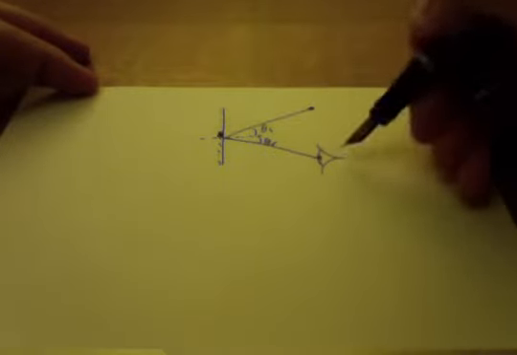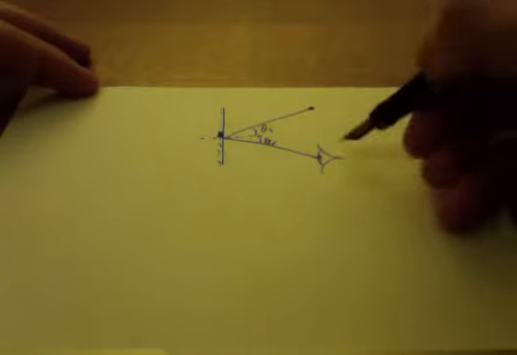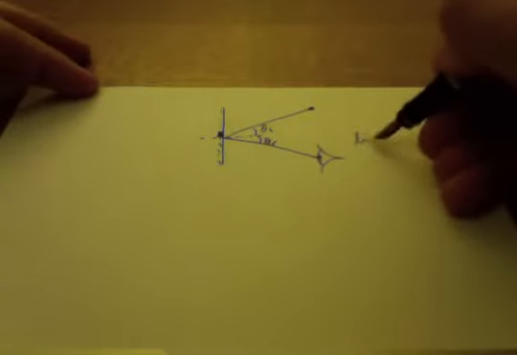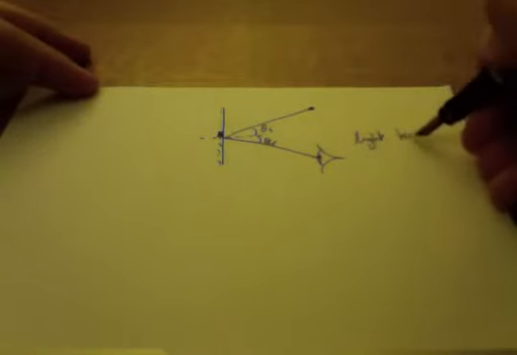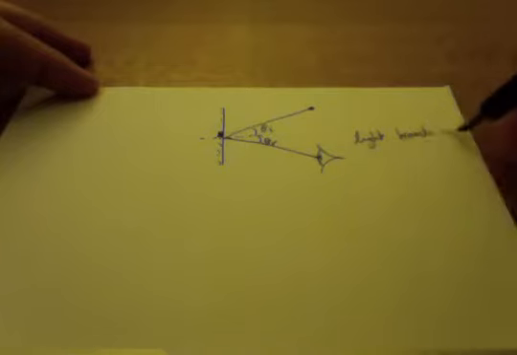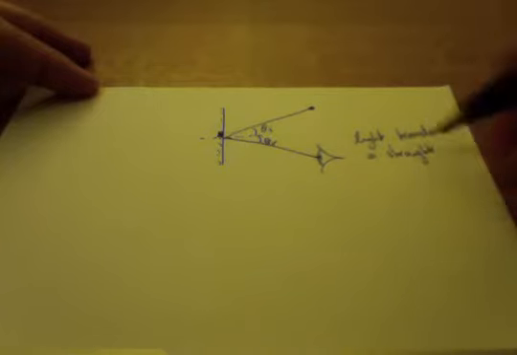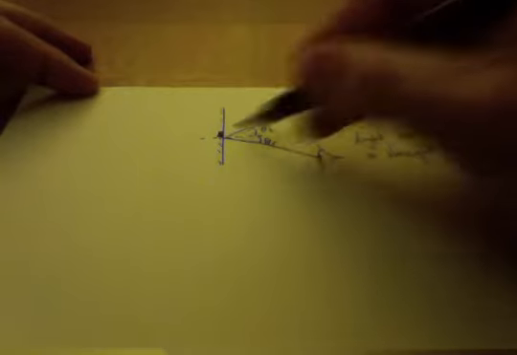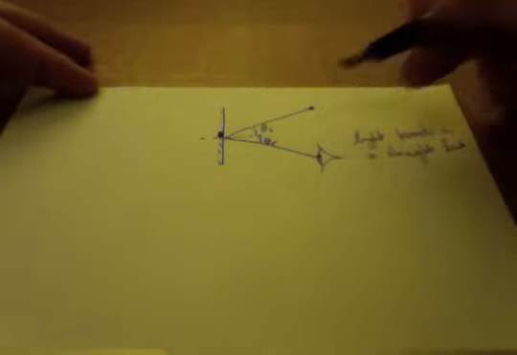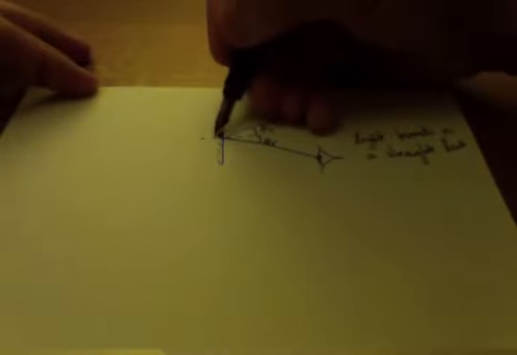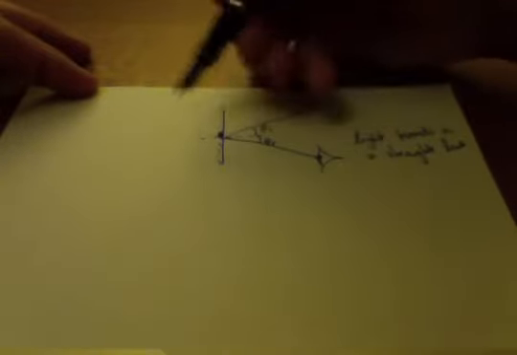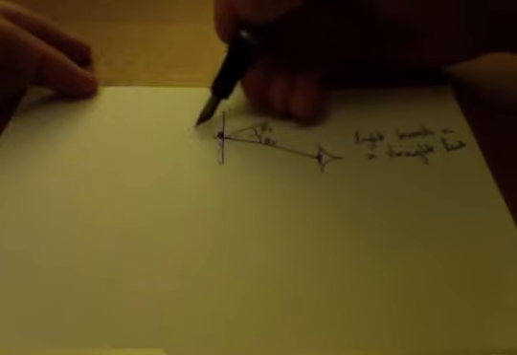However, our eyes like to assume that light has travelled in a straight line. It doesn't really understand that light has actually been reflected. So what happens is it imagines that the light has come from somewhere in a straight line.